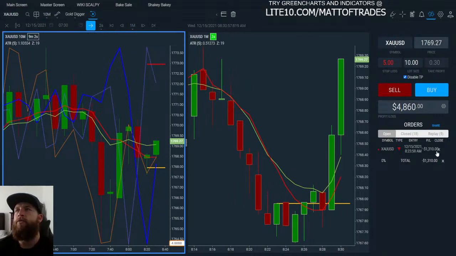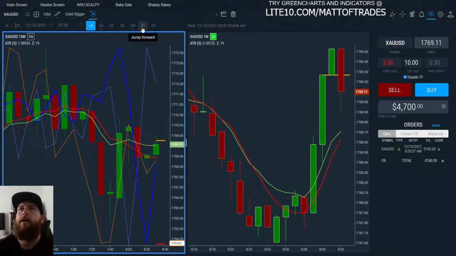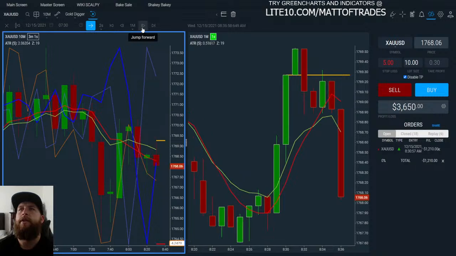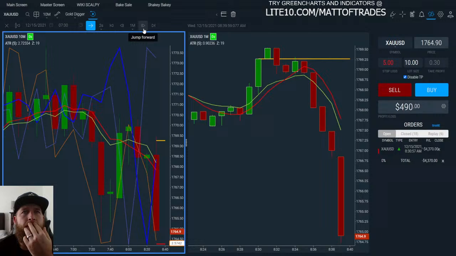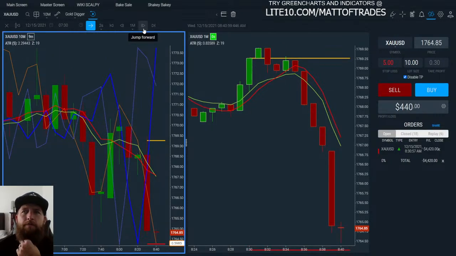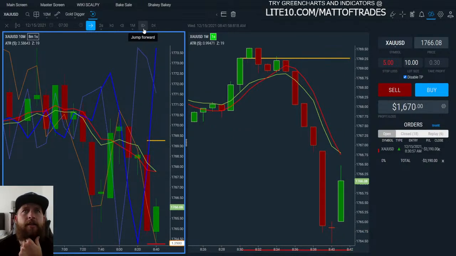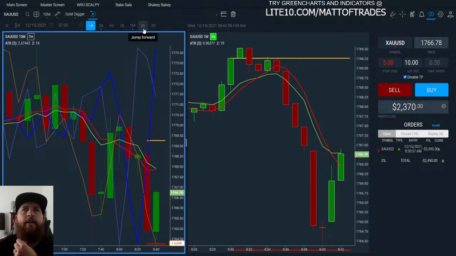We are closing this one out here into a buy. Let's see if we can claw some back. Ooh, yeah, I was going to say see if we can claw some of that back, but it looks like the market wants to claw back what we've taken from it. Oh, ugly, ugly, ugly, ugly.